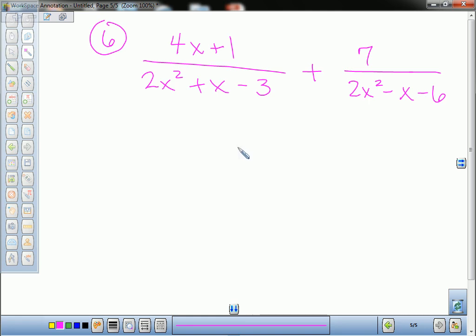All right. They are not the same denominator.